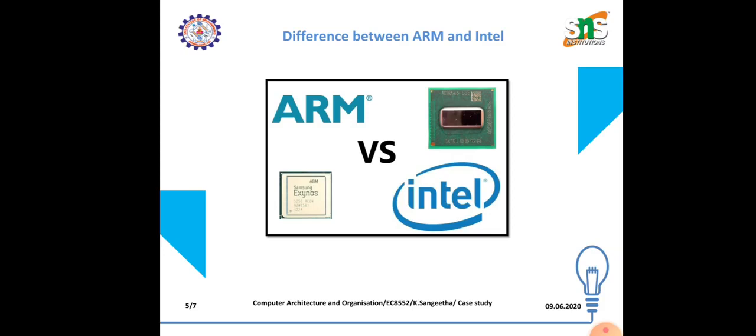Both families of chips are designed for low power operation to give mobile devices the long battery life they need. Technically, however, they represent different philosophies. The ARM architecture is designed to be as simple as possible to keep energy wastage to a minimum, whereas Intel's Atom range uses a more complex design that benefits from compatibility with existing software. So this is the major difference between these two architectures, ARM and Intel.